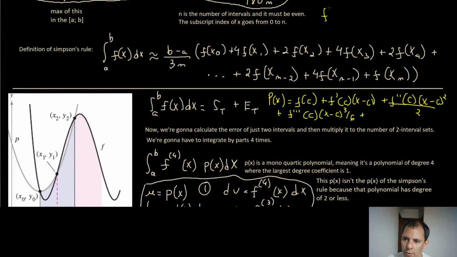It's going to be the fourth derivative of f of c times x minus c to the fourth divided by 24, all right? So the fourth derivative is right here. And this p in here, that's what it is. It's a quartic polynomial, right? It's a polynomial whose largest power is 4. So you have x minus c to the fourth.